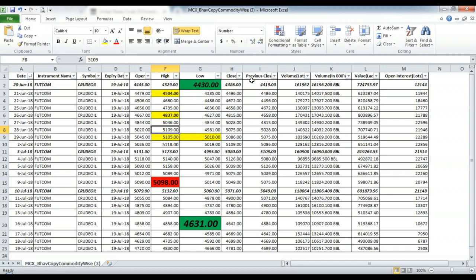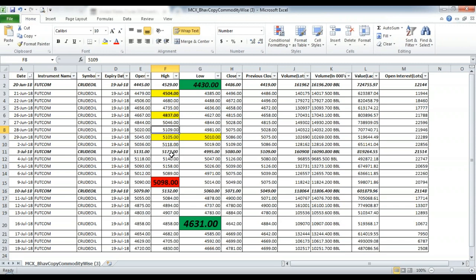Everything is trying to go up. Okay, now let's see what's going on at this level. So 5109, when it went above 5118, did it close above this? So yes, it closed above this, so there is nothing important.